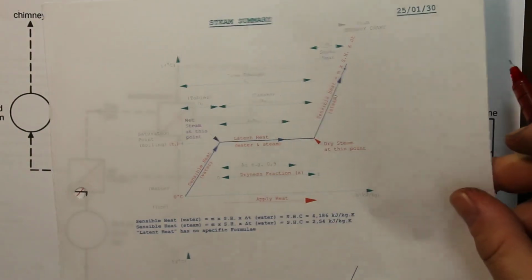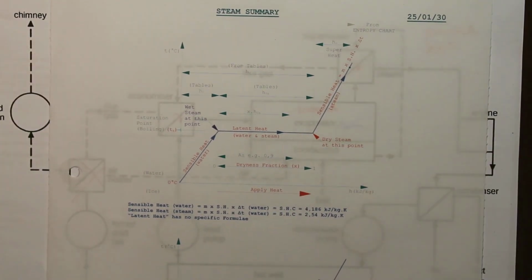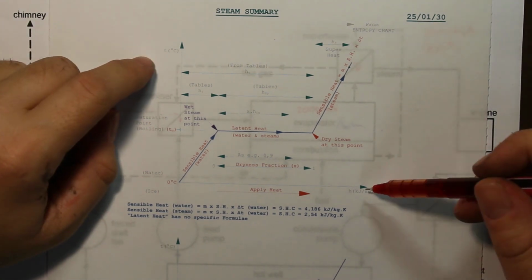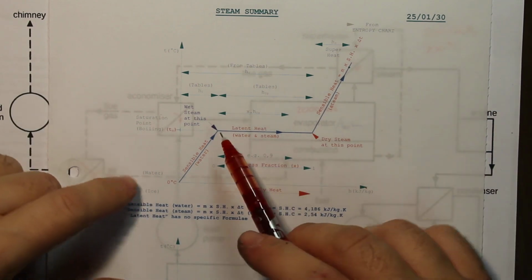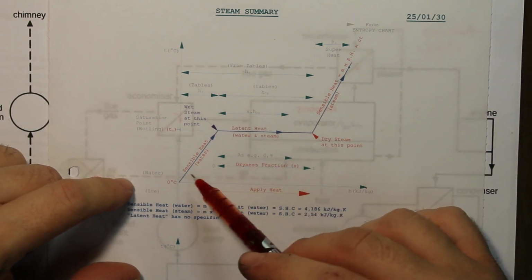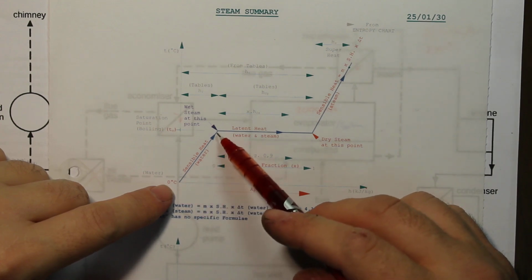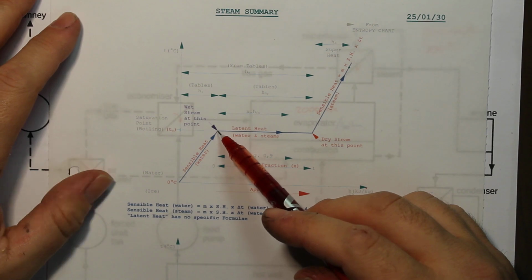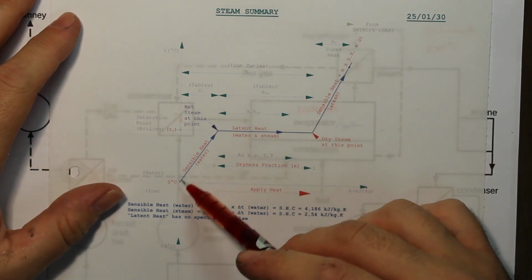So if you look at this steam summary that I made of this TH diagram, temperature enthalpy, from 0 degrees up and up and up to this point here, where the latent heat section starts, the temperature can rise.